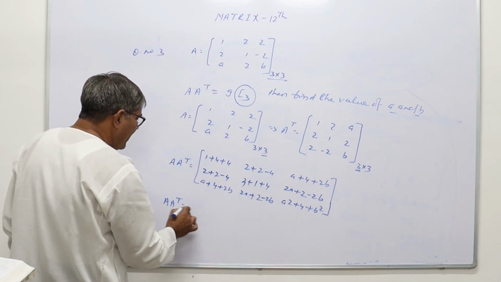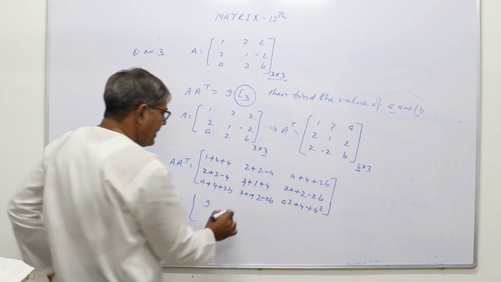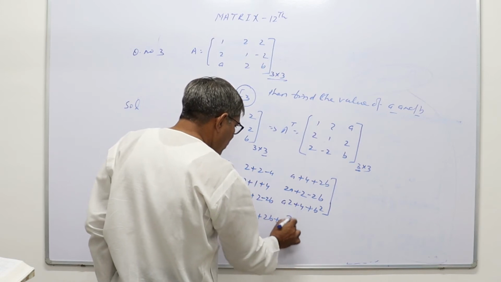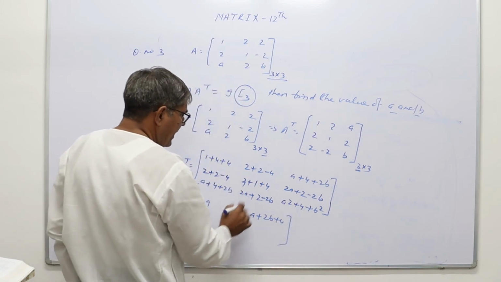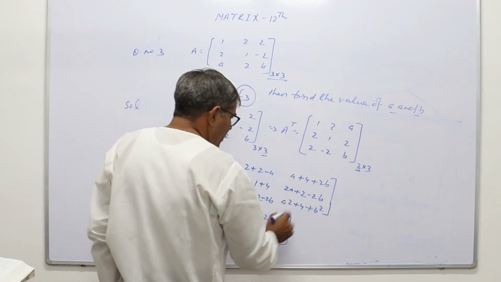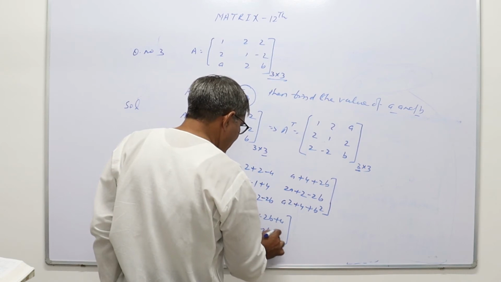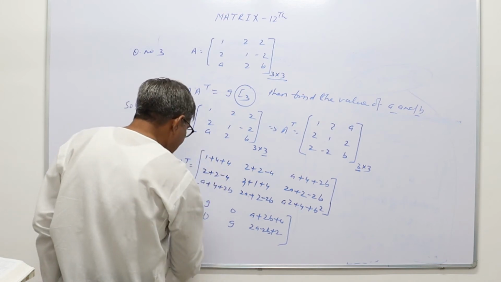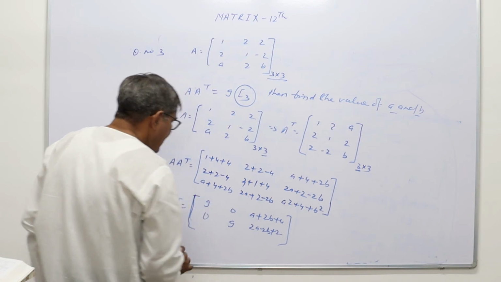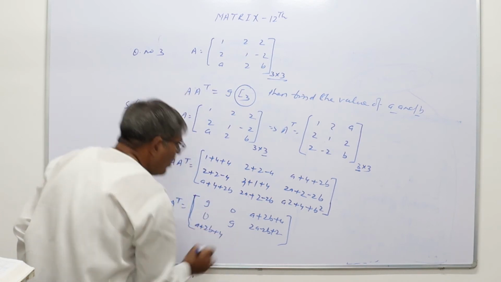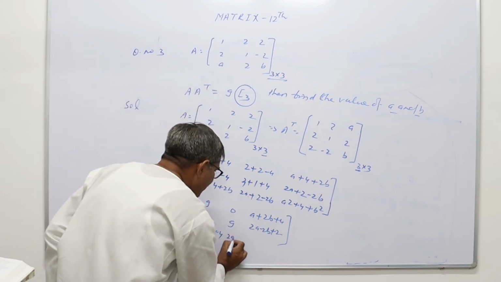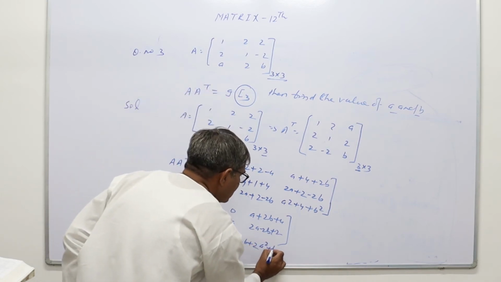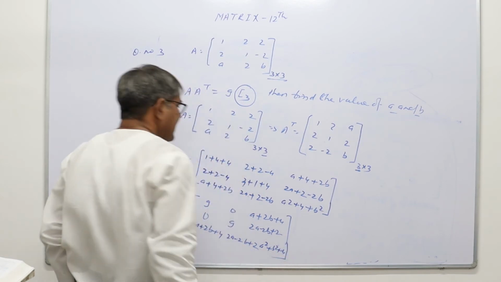Now A into A transpose will be equals to, finally solve, first element 9, then 0, then a plus 2b plus 4, then 0, then 9, then 2a minus 2b plus 2, then a plus 2b plus 4, then 2a minus 2b plus 2, and then a square plus b square plus 4. This is the resulted matrix.